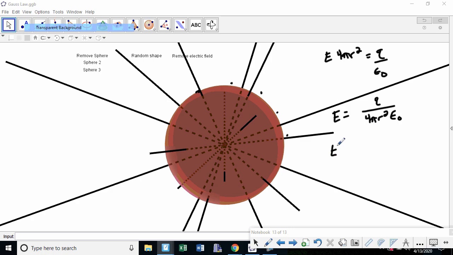Let me rearrange slightly. E is equal to Q over 4 pi epsilon naught times r squared. But wait, what is k? k is just 1 over 4 pi epsilon naught. So E is indeed kQ over r squared.